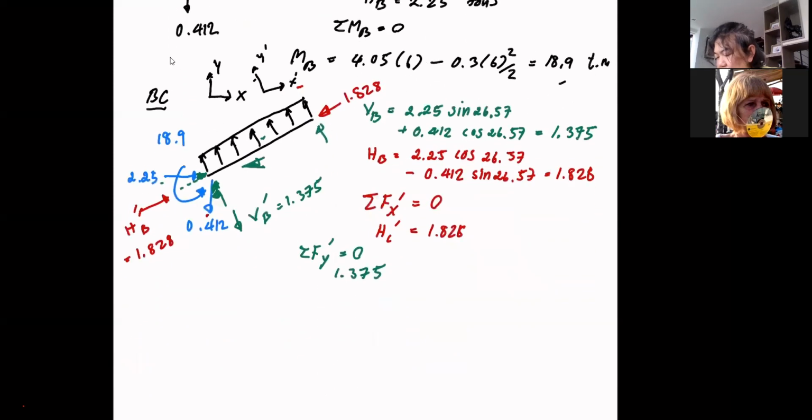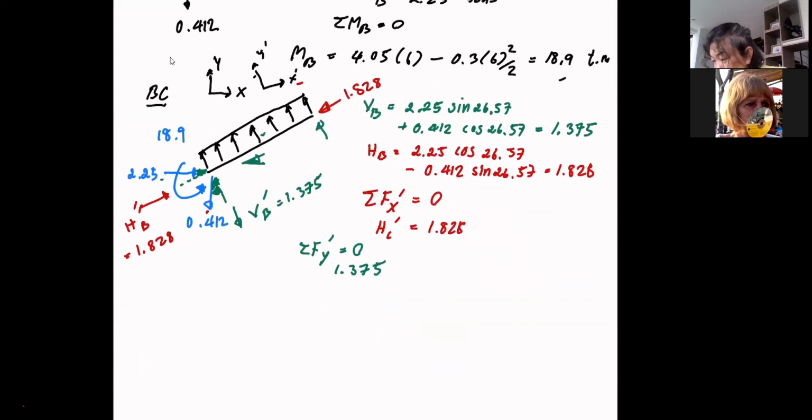You have more space? Yeah, I have more. Like that. Minus 0.15 multiplied by the length 3 square root 5. Okay, that is my VC prime, and that is going to be equal to, see my own handwriting, I believe it's 0.369.